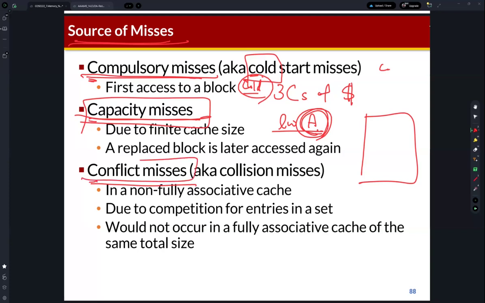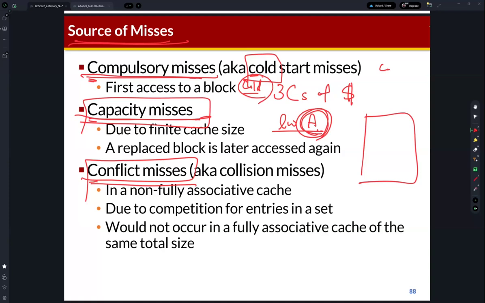And then conflict misses. The conflict misses represent the cache misses caused by the associativity of the cache.